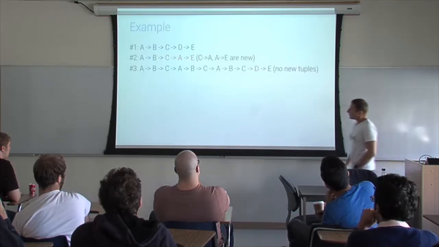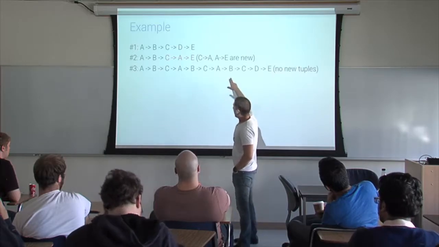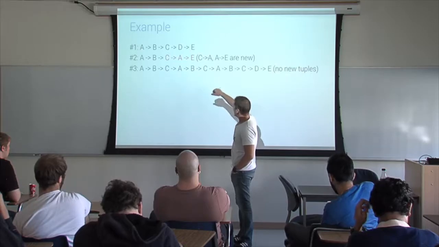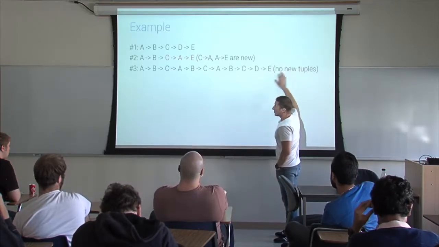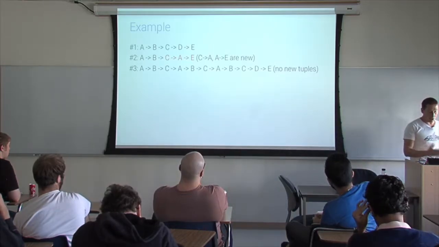You can see an example: you have an initial one, and you have new transitions like C to A and A to E. And then you can have even longer chains, but there are no new tuples. And so this might not be as interesting.